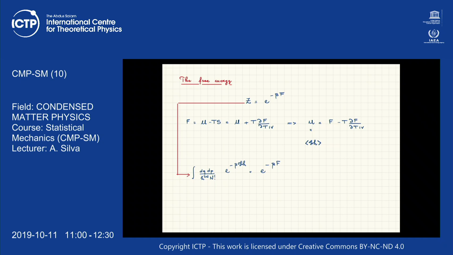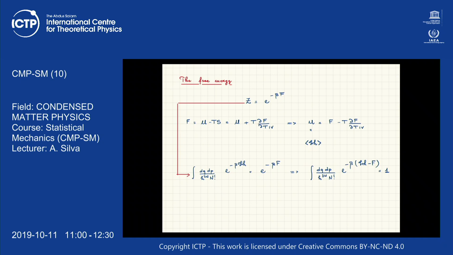Okay, so now I can rewrite this as the integral dq dp over h^(3N) N! e^(-β(H-F)) equal to 1. I'm dividing on both sides by e^(-βF). Okay?